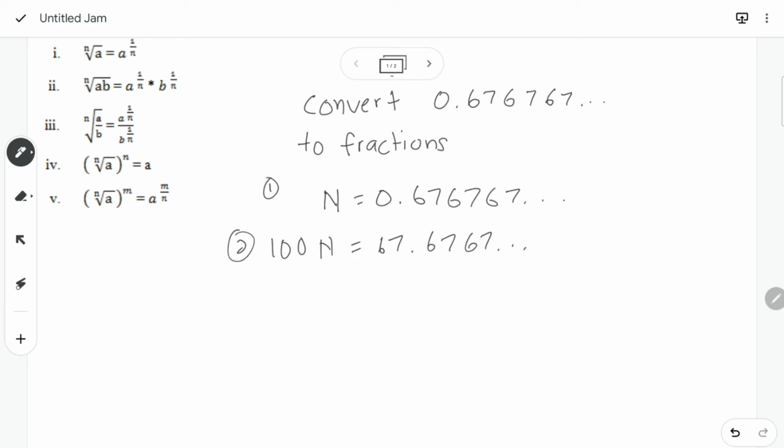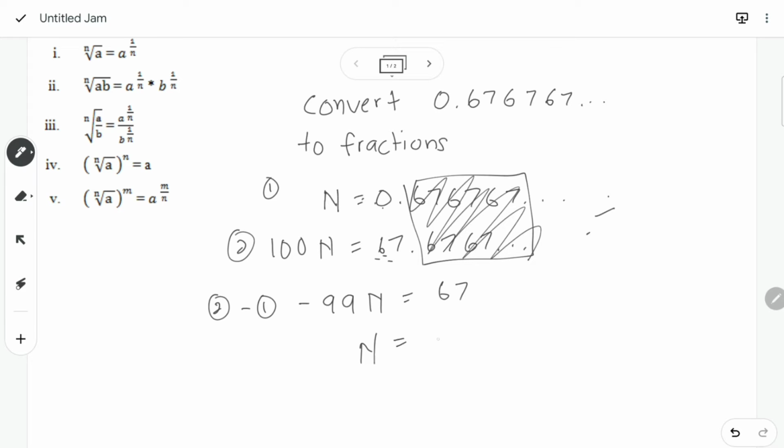First equation and second equation. So second equation is going to be minus the first equation. So it will be 99n is equal to 67. So it's actually 67.6767 minus 0.676767. So from here you're going to get n is equal to 67 over 99.